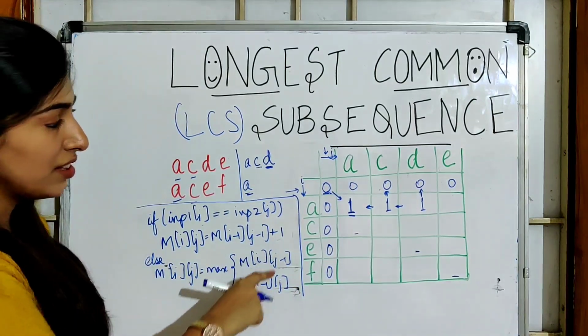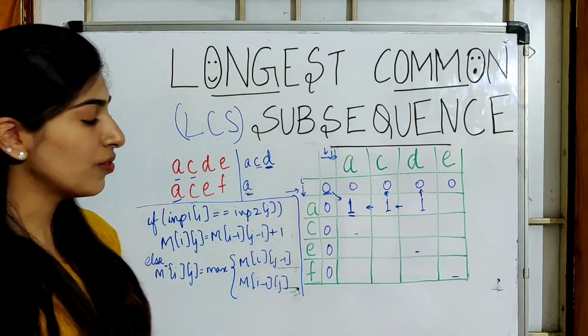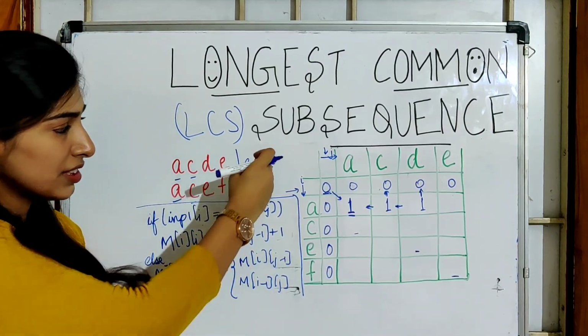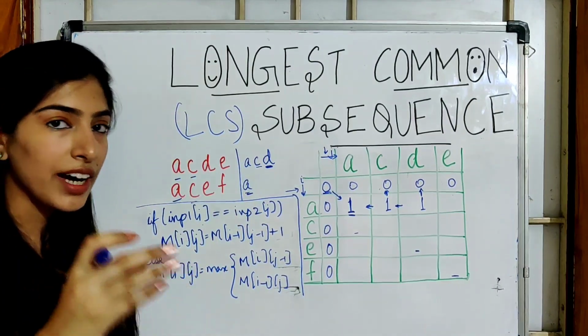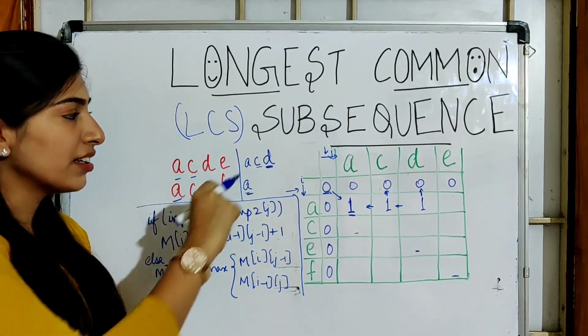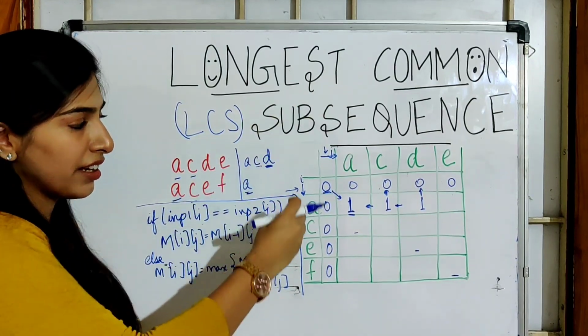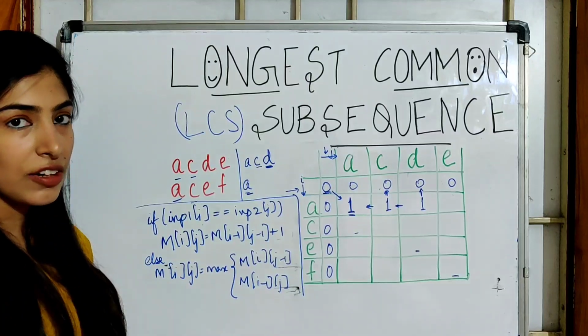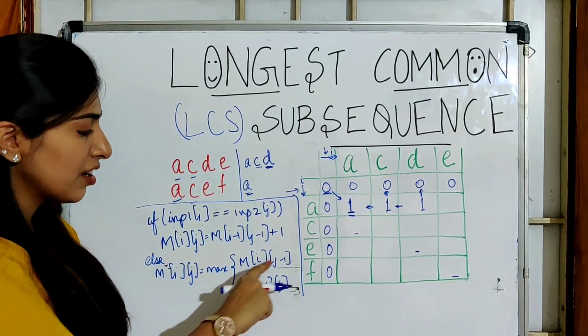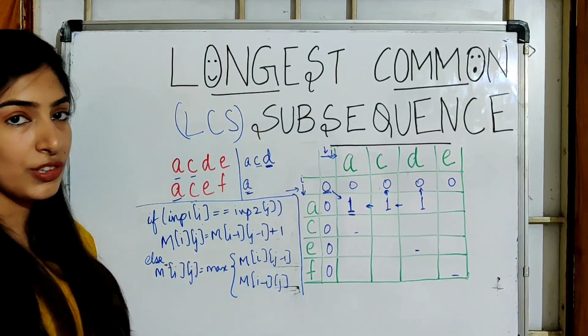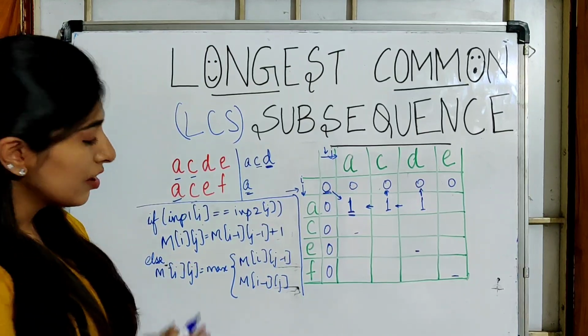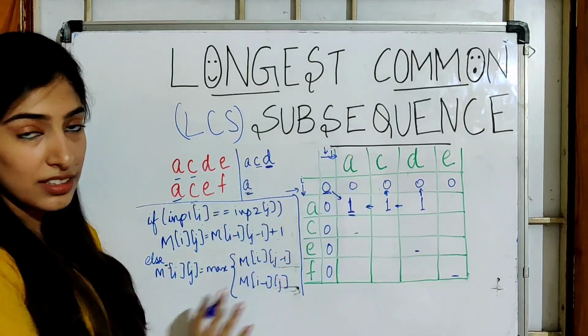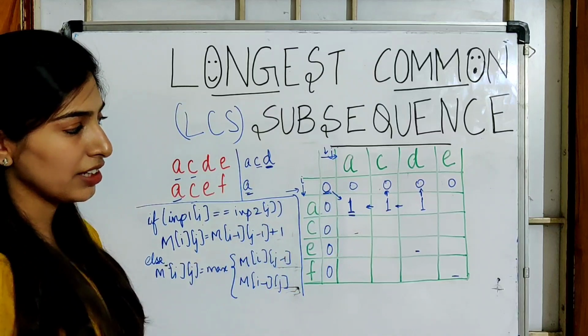So these are the cases that we were considering. Since the characters are not equal, we are dividing it into sub-problems and either including the character from one string or the character from the other string, right? So we are taking the maximum of those two and we are getting the answer. Now let's form a grid using this formula and check whether it works or not.